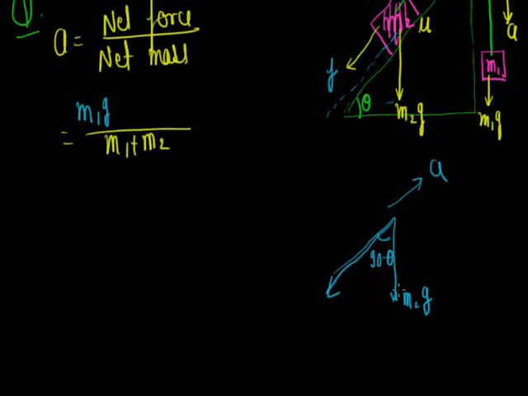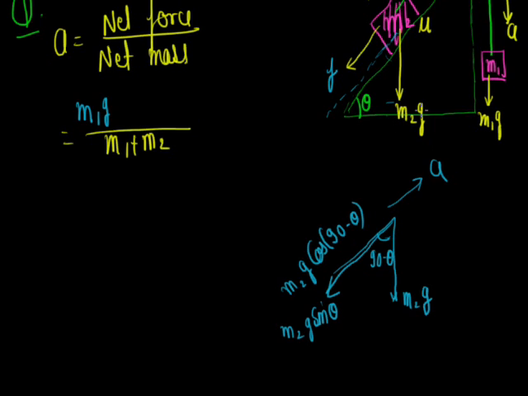When we take the component of M2G along this direction, it will become M2G cos 90 minus theta, and cos 90 minus theta is also written as sin theta. So we can say it is M2G sin theta, right?